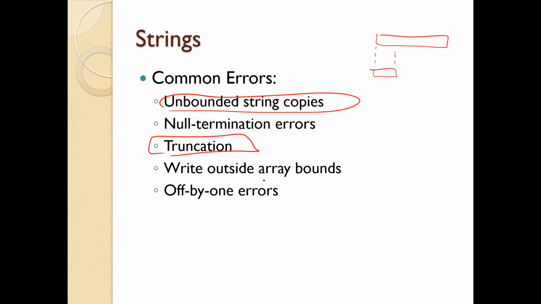Writing outside array bounds is certainly a problem that we want to avoid. There are also off-by-one errors, which is basically when you do a for loop, for instance, and you didn't terminate at 20, you terminate at 19 or 21, and therefore you are off by one. These are all common. Nothing here that I'm discussing is new.